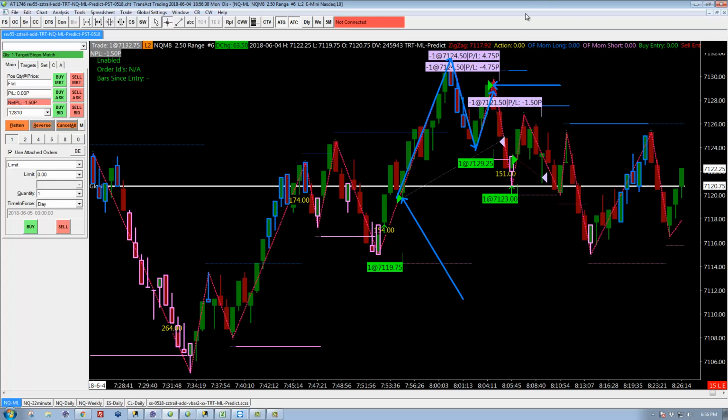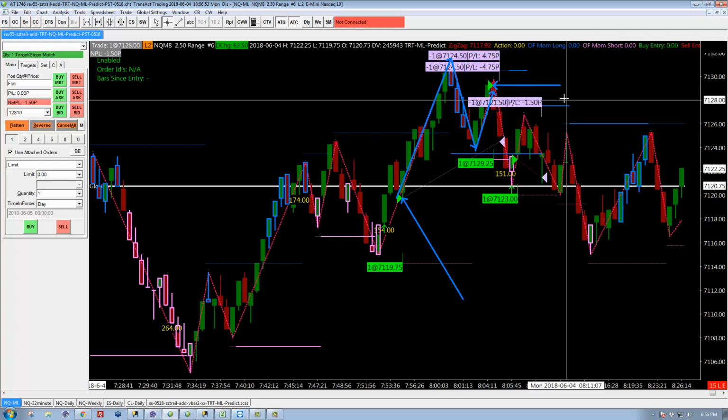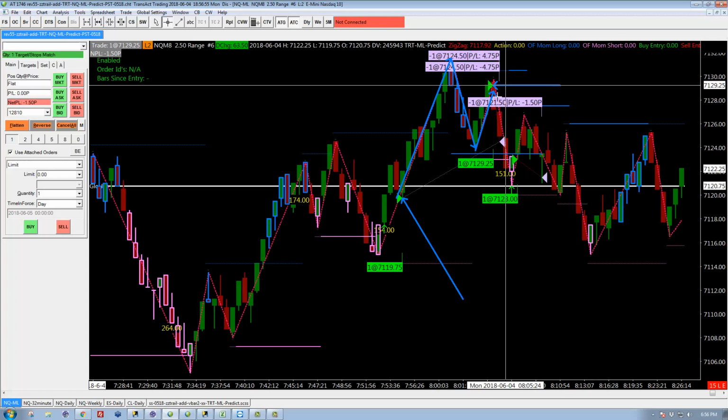Okay, but I get no continuation. All right, so the stop moves automatically to entry +1, and in this case we get some slippage, so we make plus 4.75 points and minus 4.75 points on this trade here.